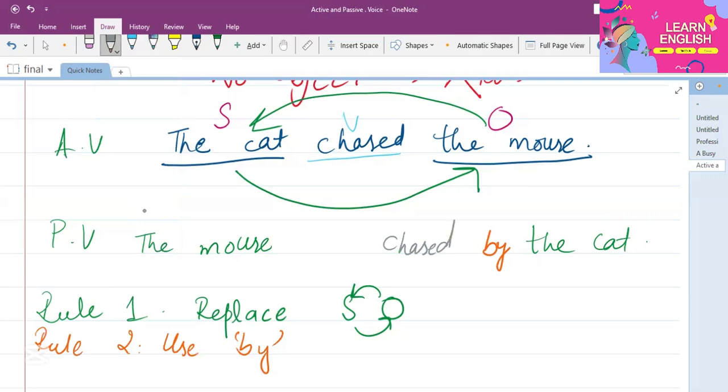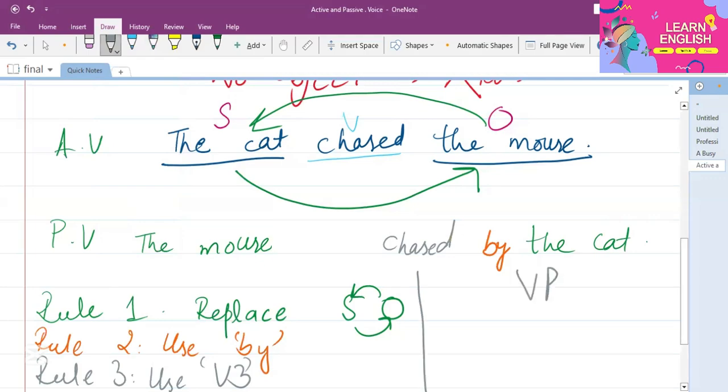Now, let's come to rule 4. Use V3. So in a sentence, when we are talking about verb phrase, there are two types of verbs: helping verb and main verb.